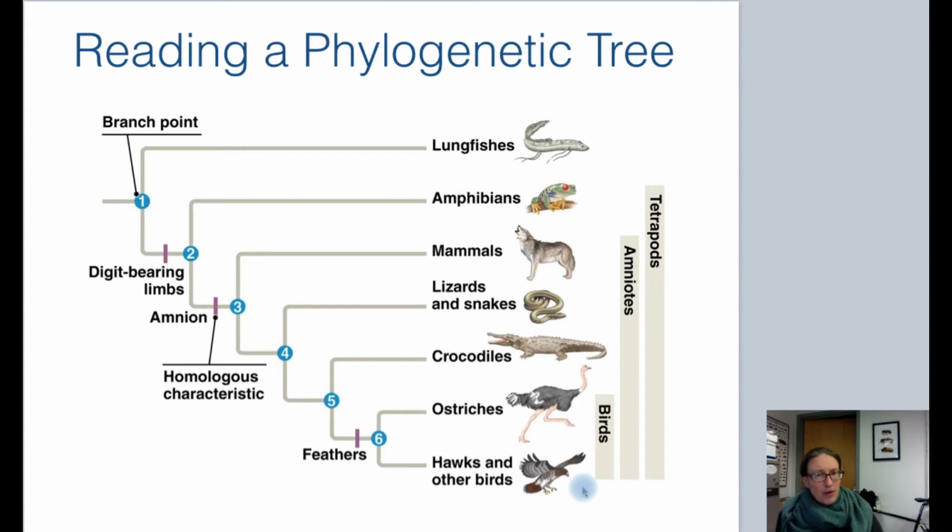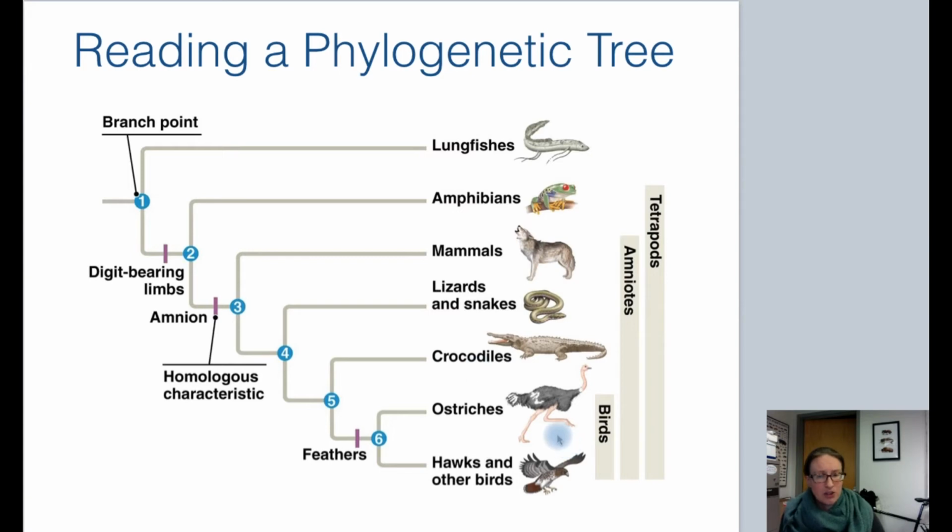So when we're reading a phylogenetic tree, what we're doing is from left to right in this image, we're reading a story about what has happened through evolutionary time. And anywhere where 2 organisms are closer to each other, in other words, there are fewer branch points between those organisms, what that means is those organisms are more closely related to each other than they are to all of the other organisms in the tree.